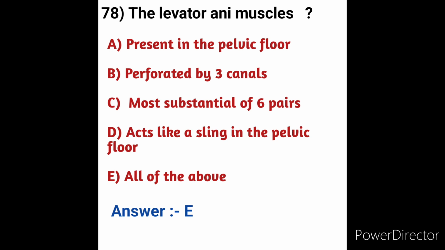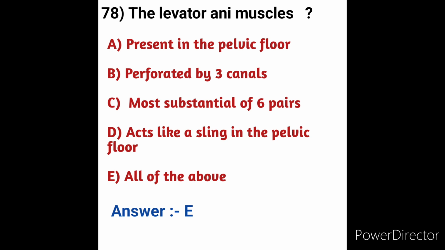The levator ani muscles are present in the pelvic floor, perforated by 3 canals, the most substantial of the 6 pairs, and act like a sling of the pelvic floor. These are all correct, so options A, B, C, D are correct.